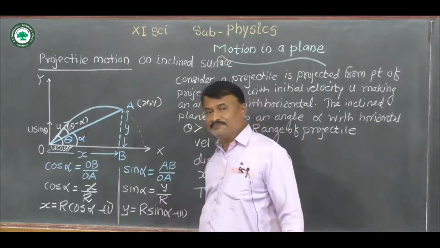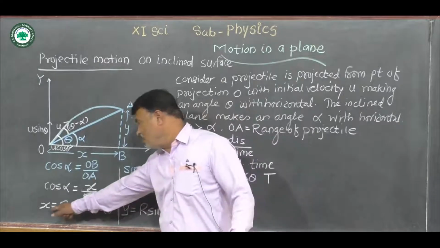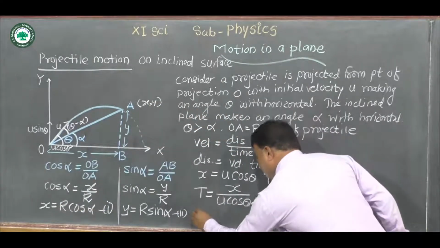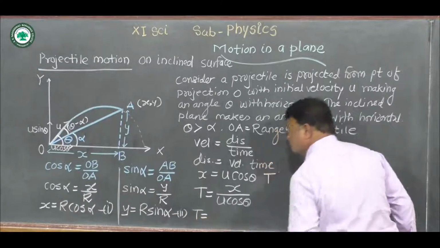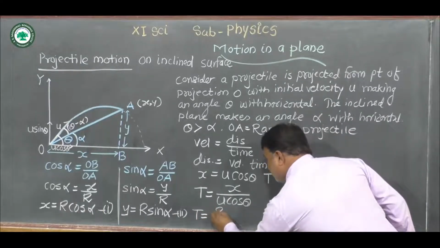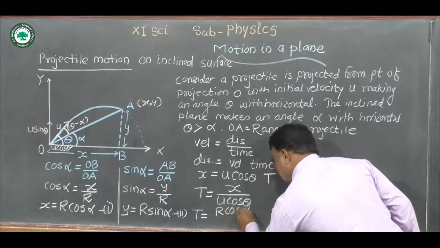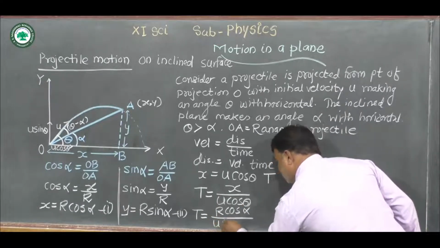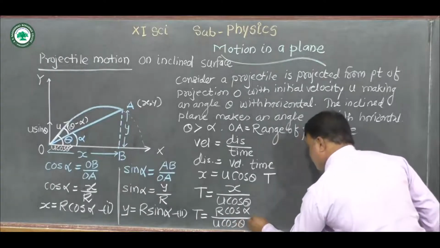According to equation 1, we know that small x is equal to R cos alpha, and therefore we get T is equal to R cos alpha upon u cos theta. So we get equation 3.